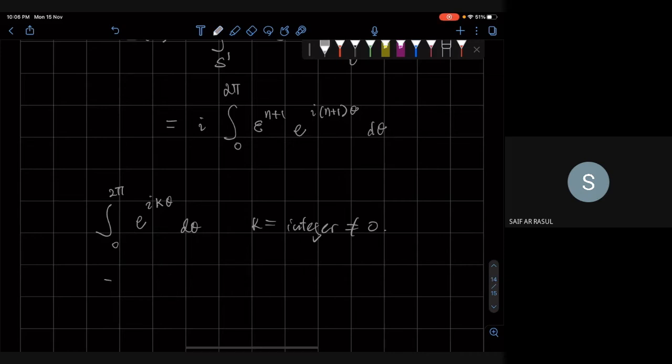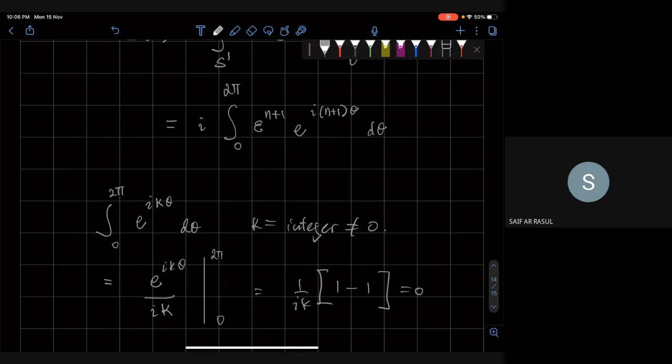So this is e to the power I k theta divided by I k, evaluated from 0 to 2 pi. Of course, this is 1 over ik. What is e to the power ik 2 pi? It is 1, right? Because k is an integer. Minus 1, e to the power I 0 is 1, right? So this is 0.